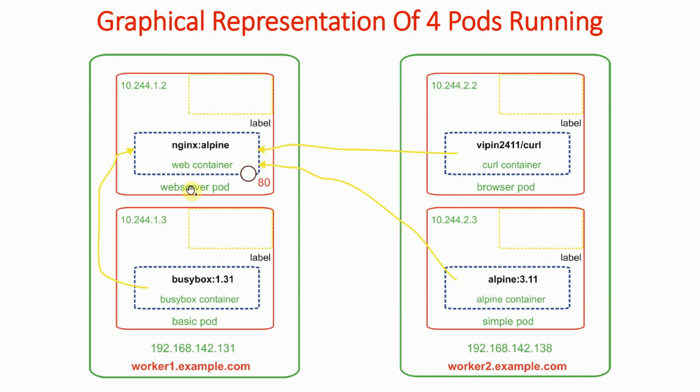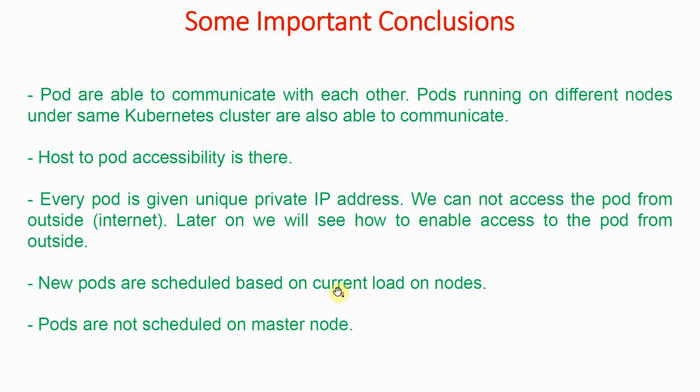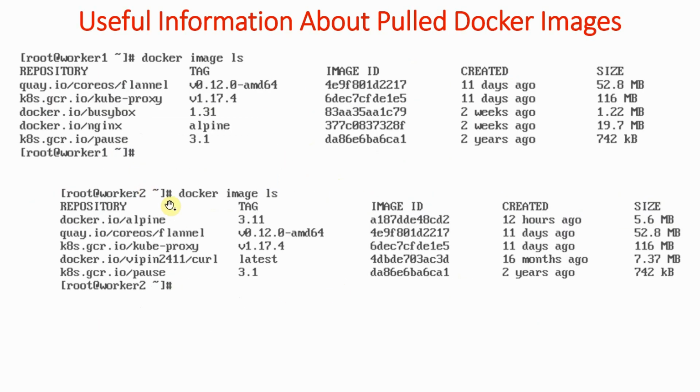So where is Kubernetes going to pull the images? On worker 1. And regarding these, they are running on worker 2. So when we run the command docker image ls, it is showing that curl and alpine images got downloaded on worker 2.